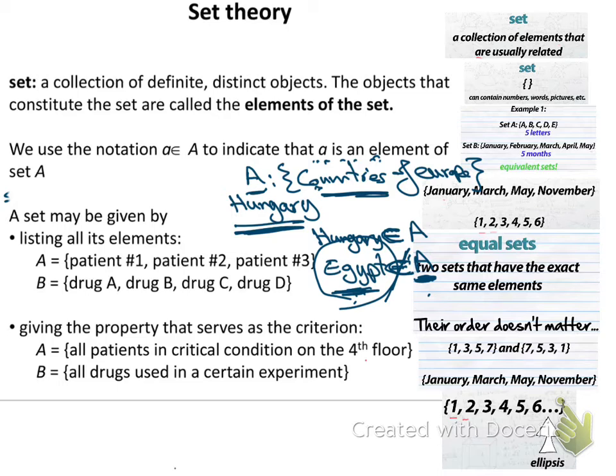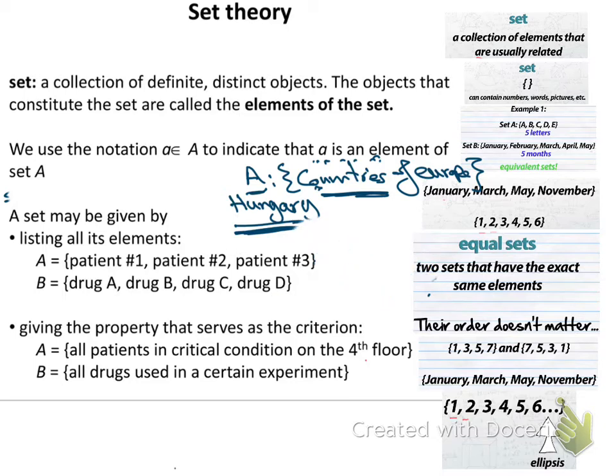Okay. If I say Budapest, let us erase this so it will be clear. I write here Budapest, element of or belongs to A. Is it right? No, it is wrong. Why? It is in Europe, yes. But here we are talking about countries. Budapest is a capital, one capital city of Hungary, but it is not a country.